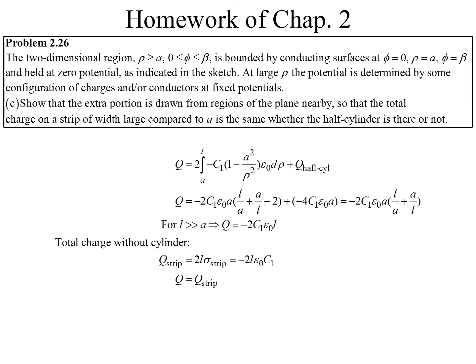The left side has a length L and the right side has another L, so the total length is 2L. After calculation, on the assumption that L is much larger than a, you will get the same answer whether the half cylinder is there or not.